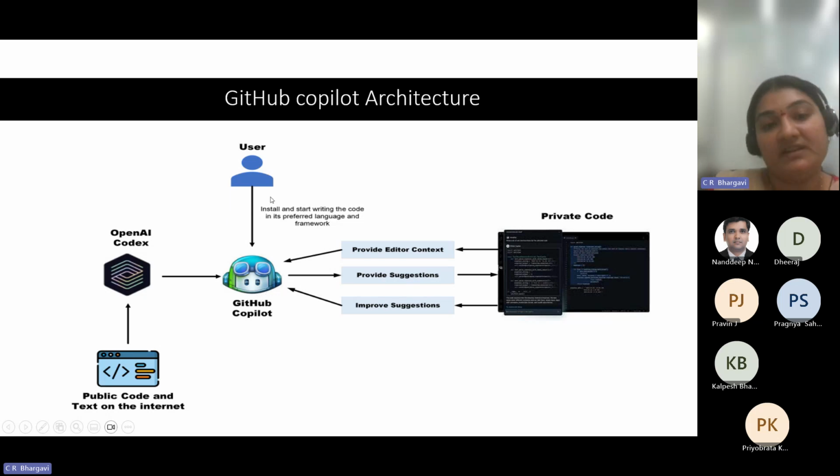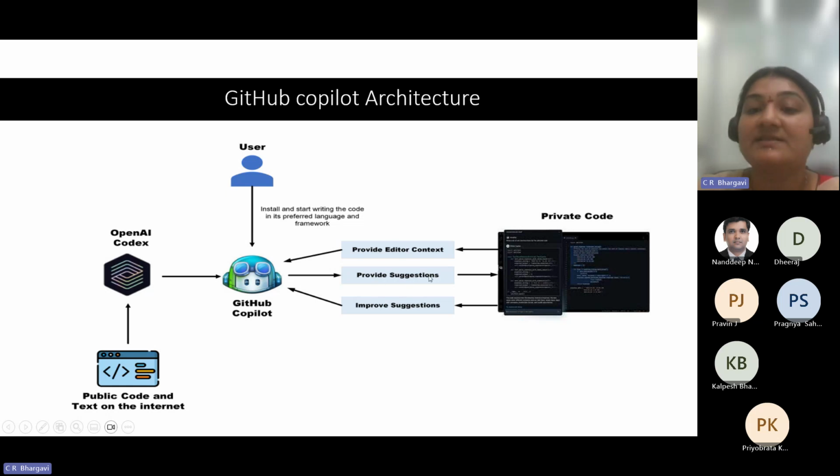Once installed, GitHub Copilot works with the OpenAI Codex, which has been trained on public code and text on the internet, as well as the feedback that we have given to it.